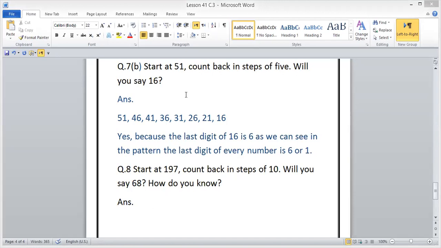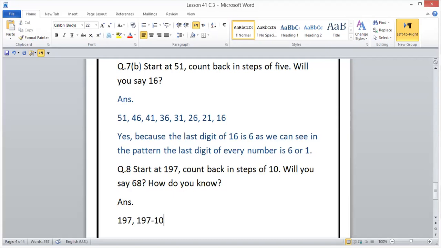Nobody is answering. All right, guys, let me explain. You are starting from 197, right? So the first number in the pattern should be 197. You are counting back in steps of 10. Counting back means the number will be subtracted. 197, then 197 minus 10.